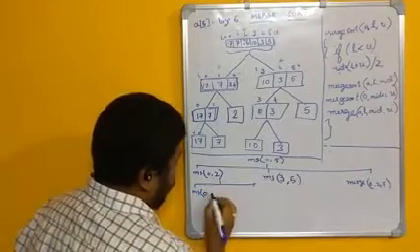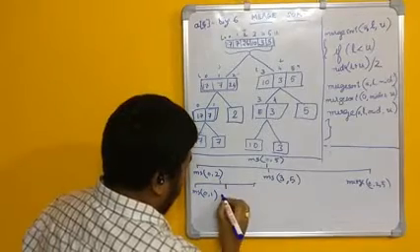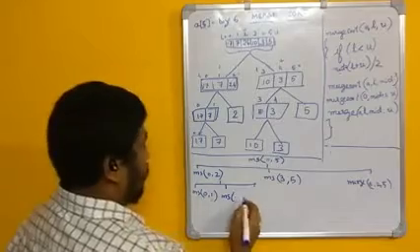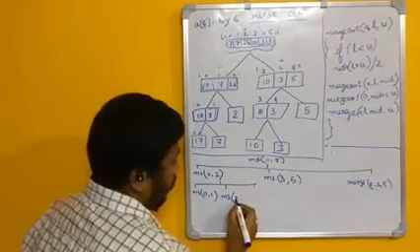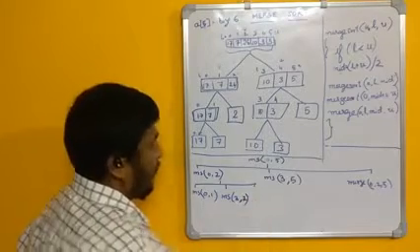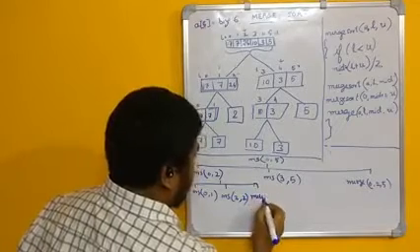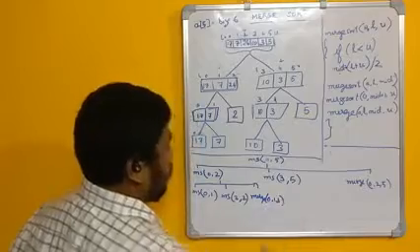So 0 to 1 is the first merge sort, and the next MS is mid plus 1, which is 2, so 2 to 2. And here merge 0, comma 1, comma 2.